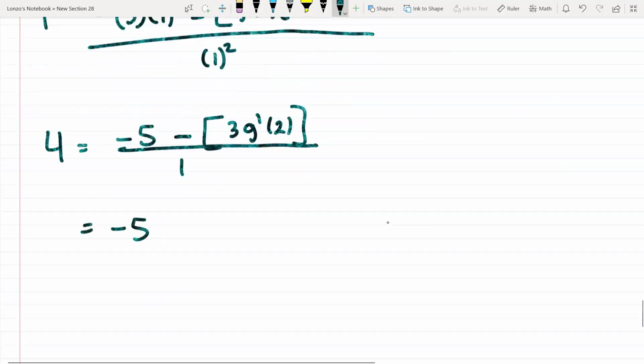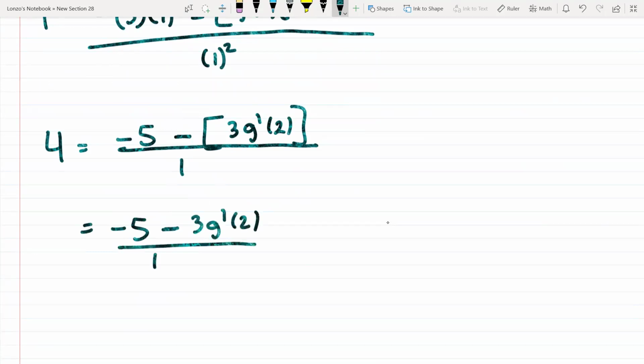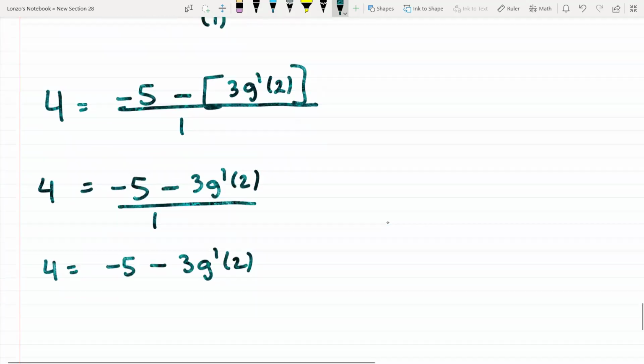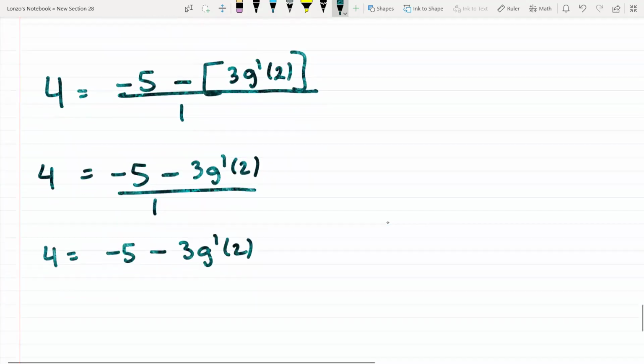That's negative 5 minus 3 g prime of 2 over 1. And then your goal is to solve for g prime of 2. You could ignore the 1 on the bottom because anything divided by 1 is just itself, right? So this could be expressed as negative 5.